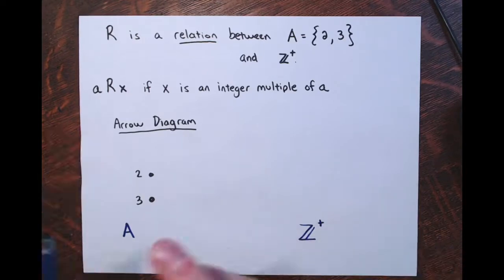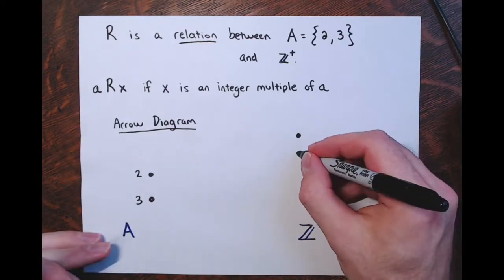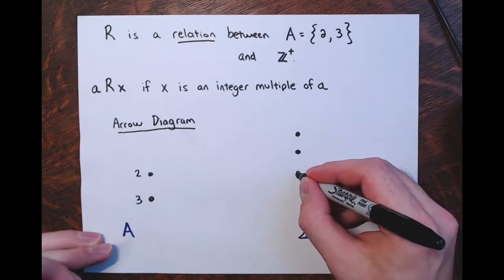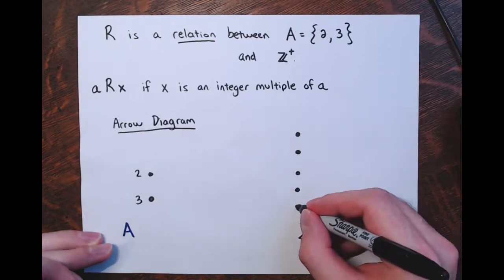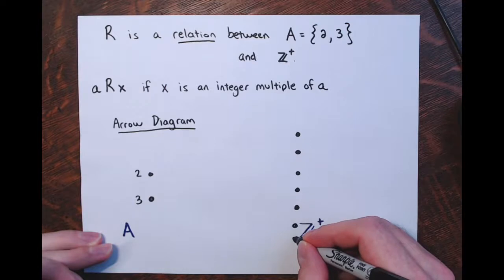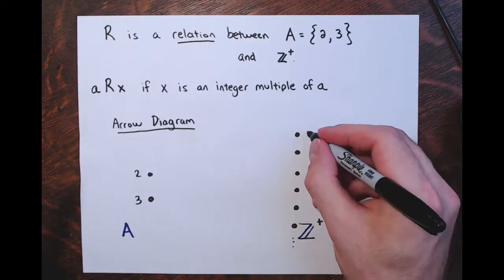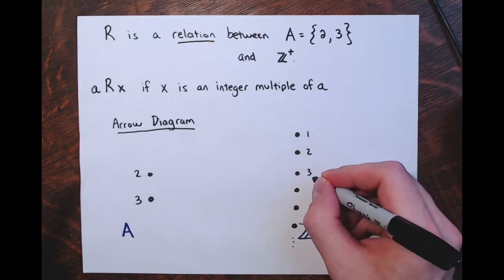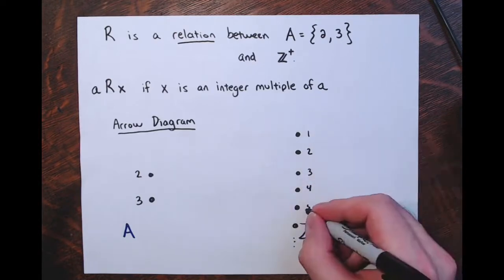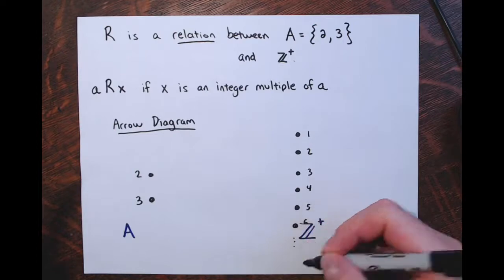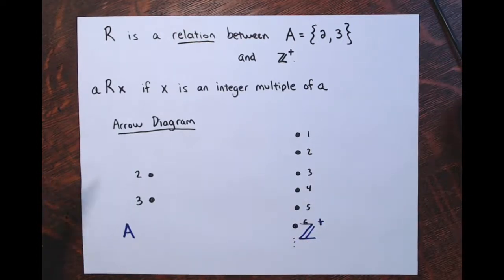Now again, there are infinitely many of these. I mean, there's no way I'm going to write them all. So you've got 1, 2, 3, 4, 5, 6, and so on, right? It goes on forever.